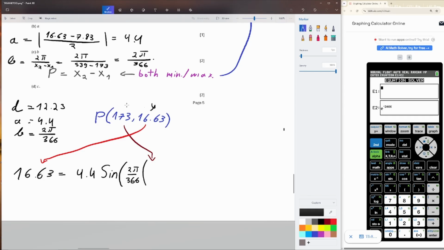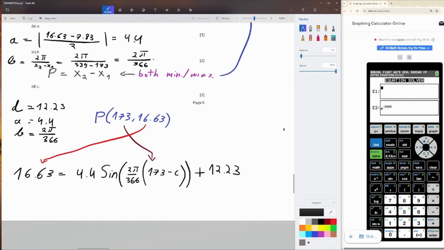This is the y value, this is the x. It's just that x has been replaced by t. So you have 173 minus c, then you have 2 brackets plus d, and d is 12.23.